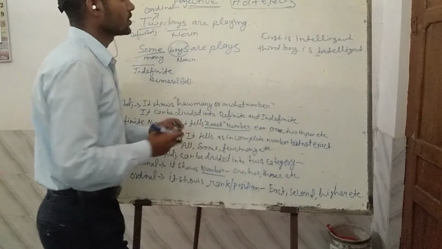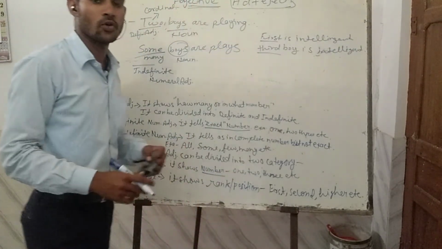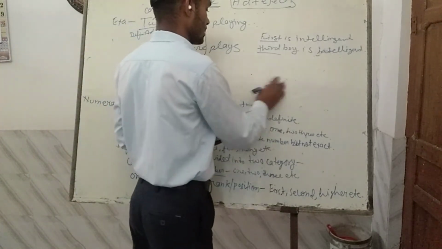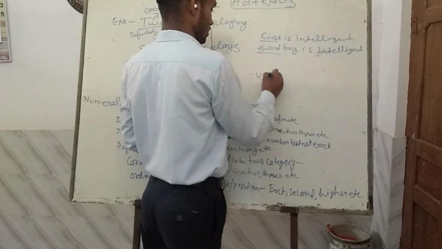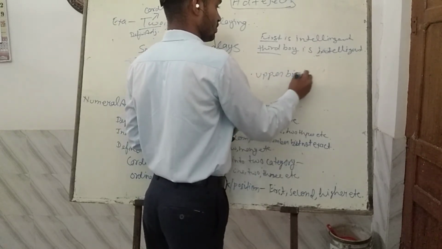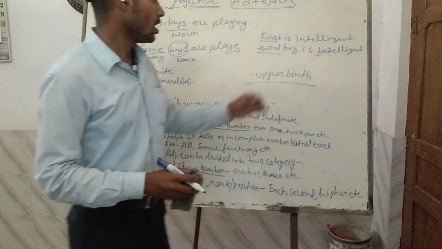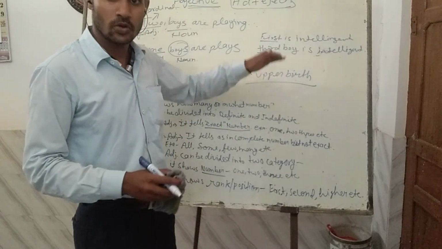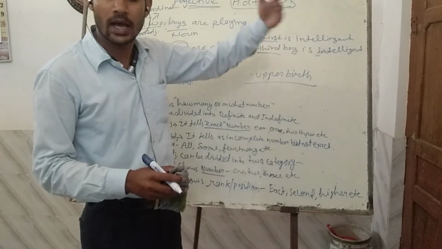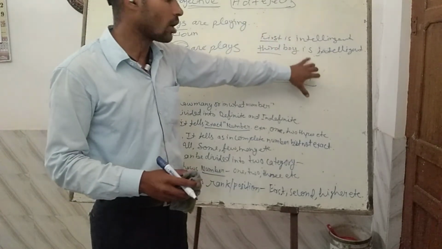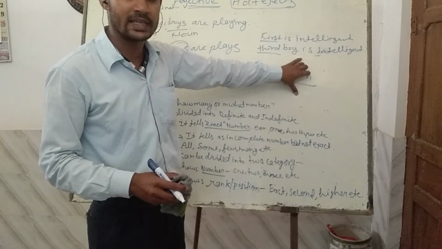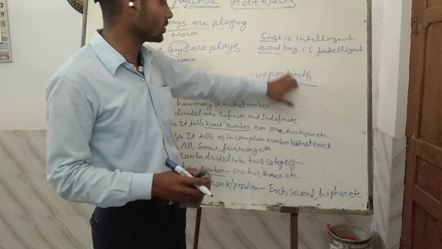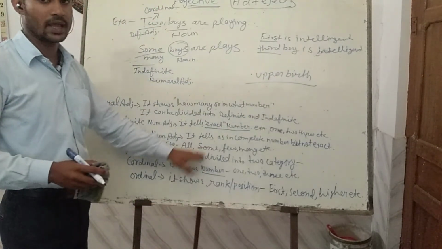In this way, first, second, third, fourth, fifth. Upper berth, that is place, the seat, is showing the position, lower, upper, higher, etc. So it is not telling the exact number, but it is showing the status, position, upper, lower, etc. In this way, ordinal number can be shown.